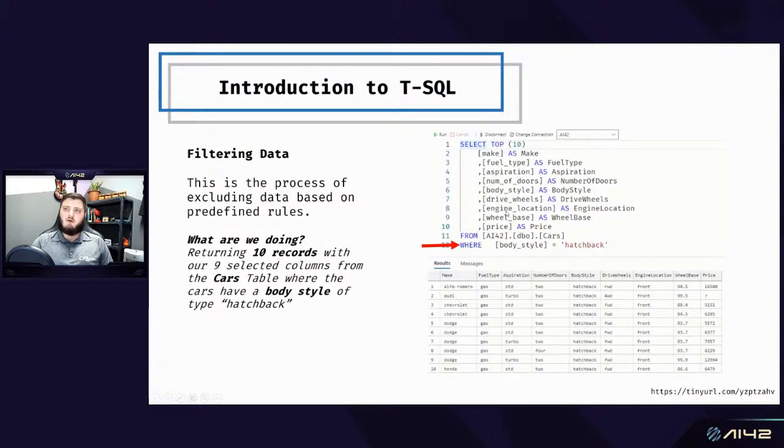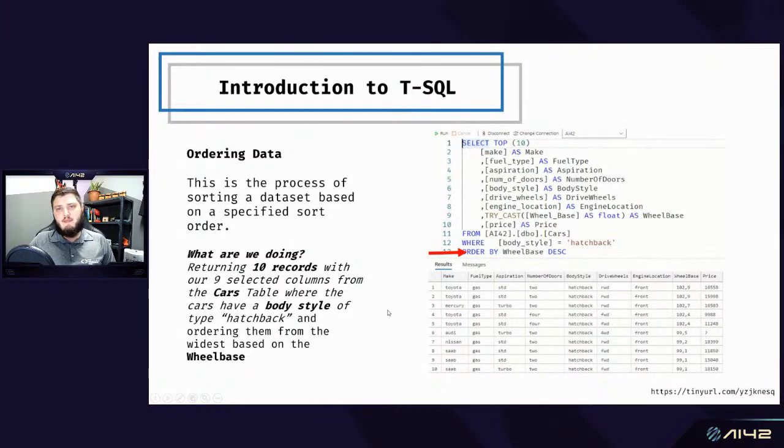I've asked for the body style, and to only return the hatchbacks. If you look at our little sample at the bottom, all of the data returned is body style hatchback only. So now we have our 10 records, with all the columns we wanted, filtered by body style hatchback.